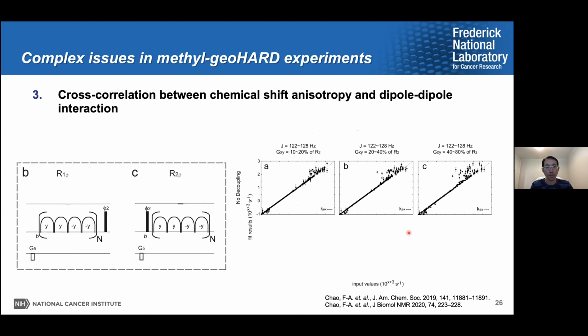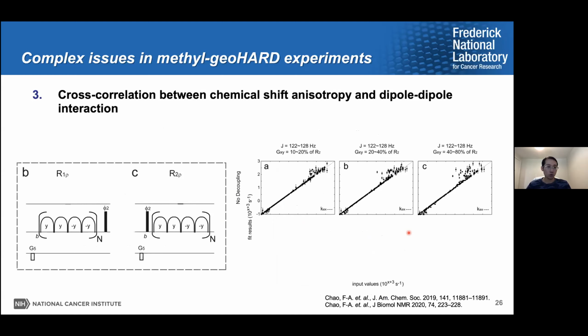And another problem, if you see the literature, usually people ignore the cross correlation between CSA and the dipole-dipole interaction in the CH3 system, because CSA for carbon is small. We should ignore that. But it turned out in my JMR 2019 paper, we actually measure the cross correlation for the inner two lines.